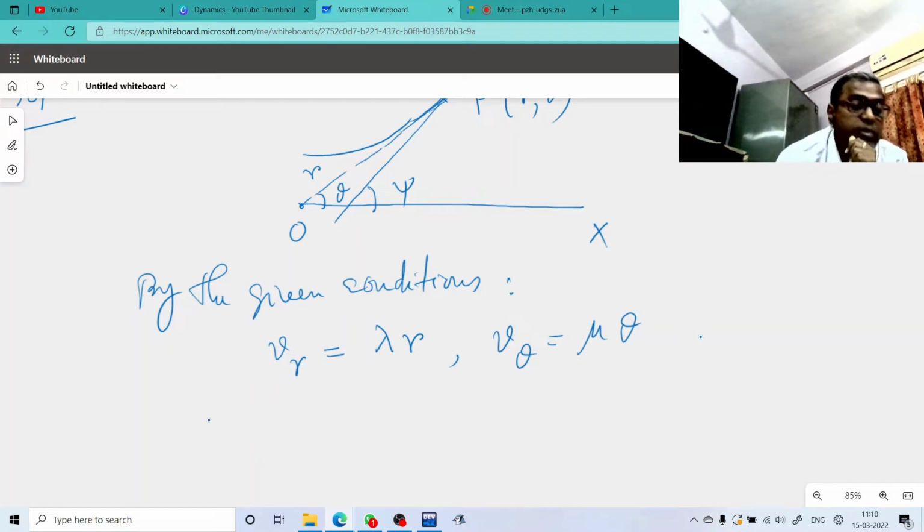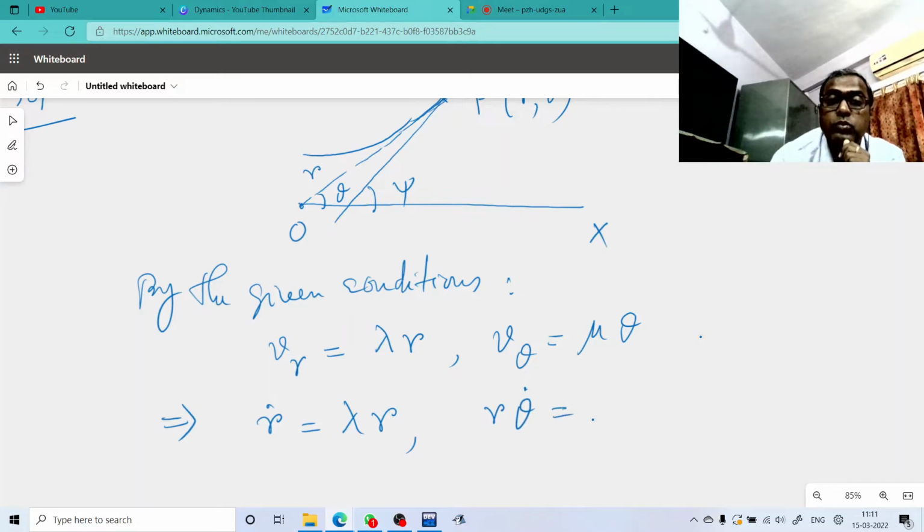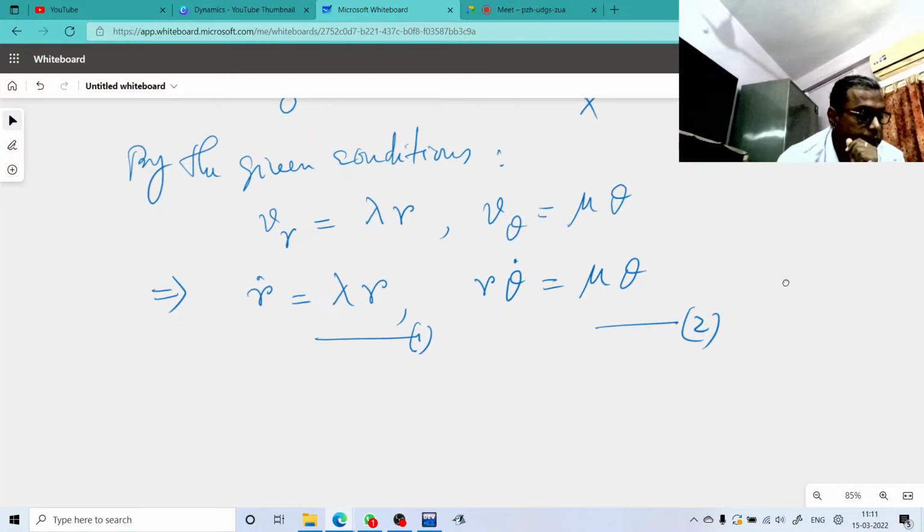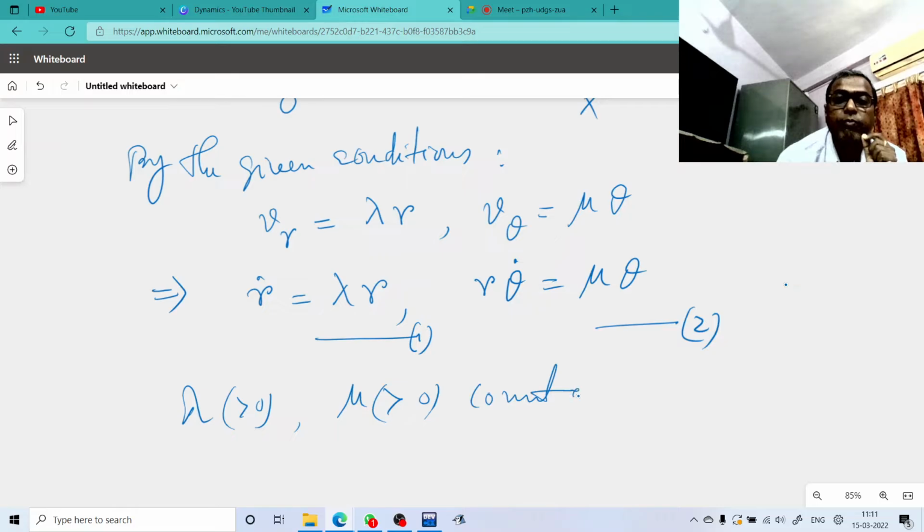Now Vr means dr/dt, so r dot equals λr, and Vθ means r θ dot, so r θ dot equals μθ. Call it equation 1 and this equation 2. r dot means dr/dt, θ dot means dθ/dt. Here λ and μ are both positive fixed constants.